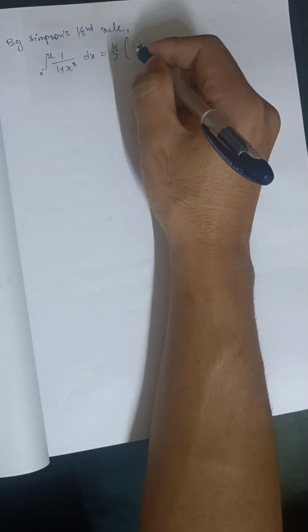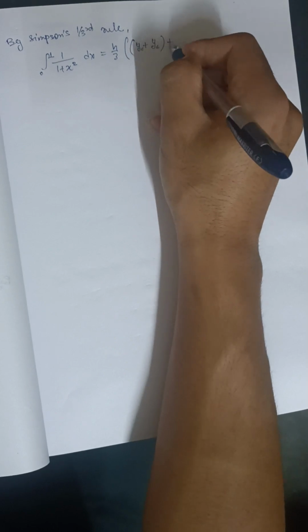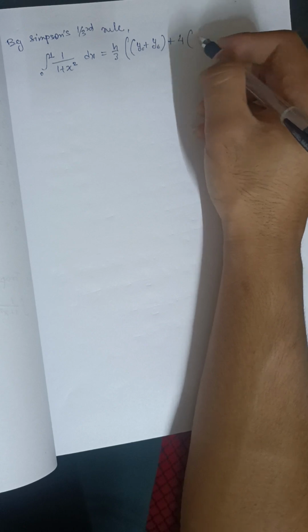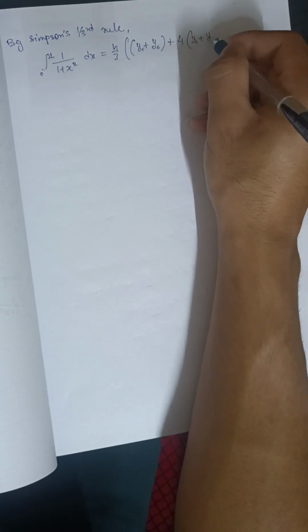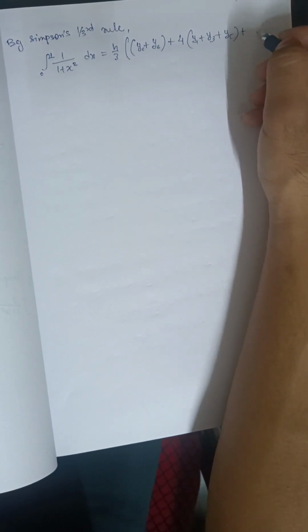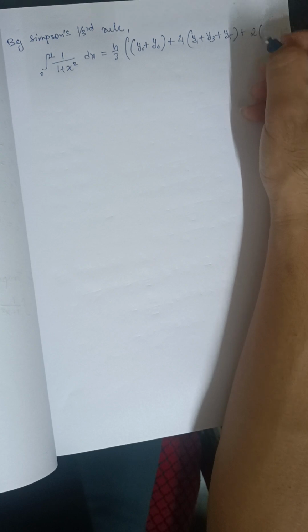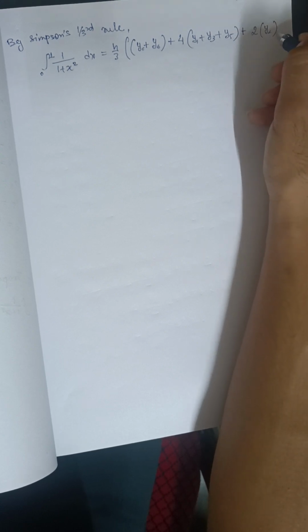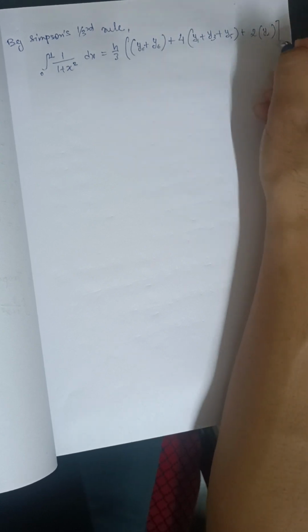We know the formula is h by 3, the first term, that is y0, plus the last term, that is y6, plus 4 times the odd terms. The odd terms are y1, y3, and then we have y5, plus 2 times the even terms. The even term we have here is y2. We can't write y6 because we already have y6 here.